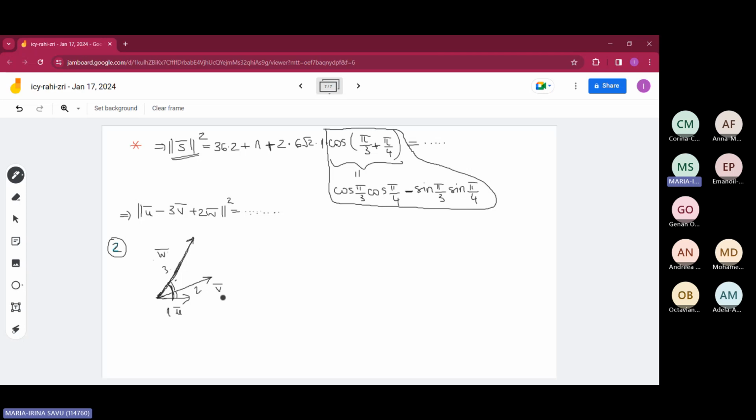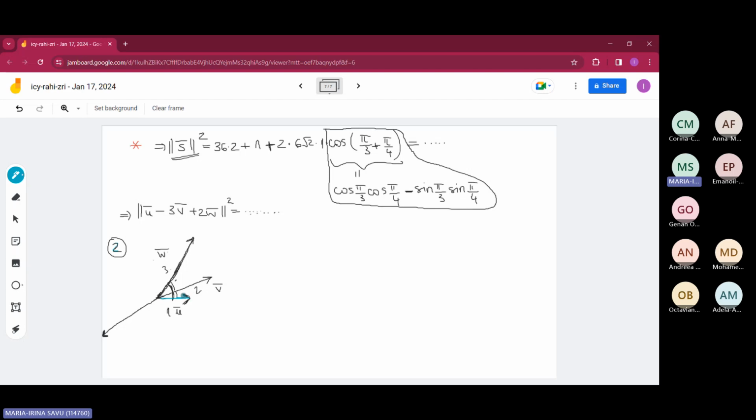What we should do in this case is to make that picture to see how we can compute this norm, or whether we can apply the formula directly. Well, u minus 3v will be the sum of this one.